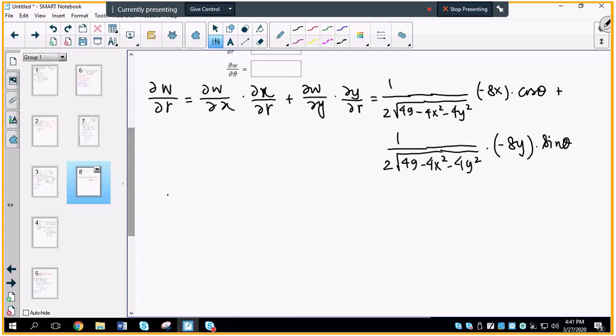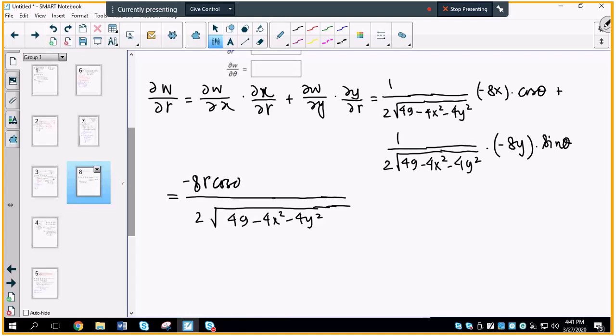I see the denominator is common, so I'm going to write only one denominator as 49 minus 4x squared minus 4y squared on the bottom. And then on the top, I have negative 8x, so negative 8 times x, which is r cosine theta, times cosine theta. And then you have plus times minus, which is a negative as well, so 8y, which is r sine theta, times the sine theta.